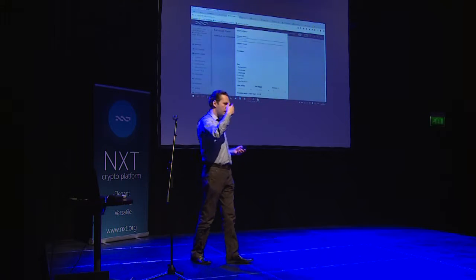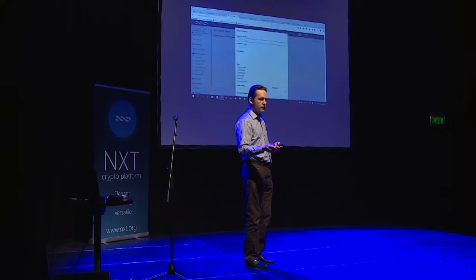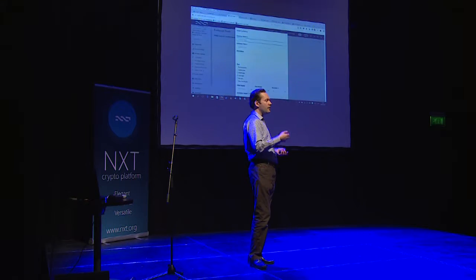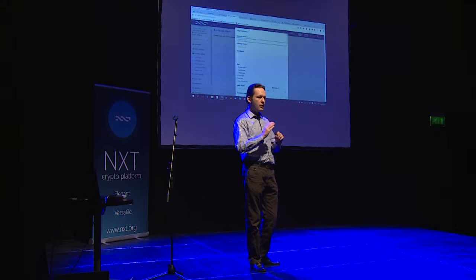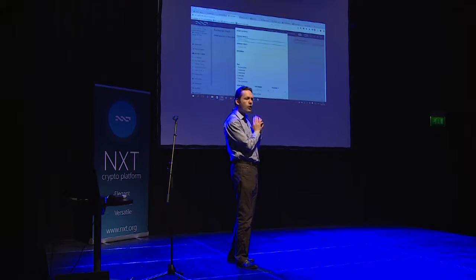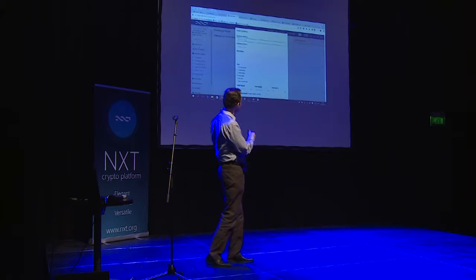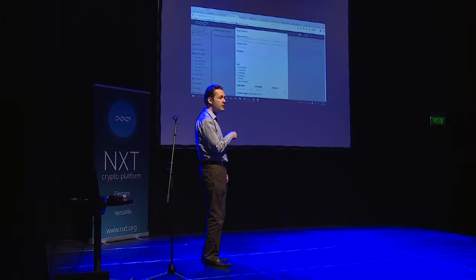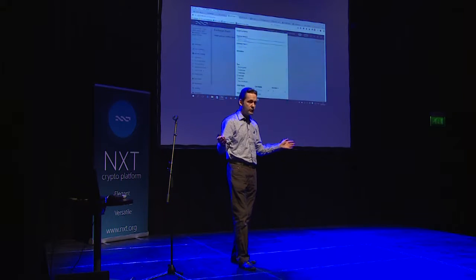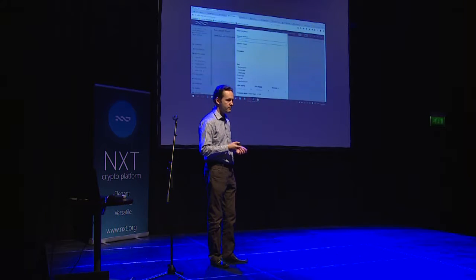I can say I want an amount of NXT to fund my project, but I don't want to be in control of that money before I have the full amount. And I want to automate sending it back. That's exactly what this system does. It reserves it. If it doesn't reach it, it sends it back to the people. And in the meantime, nobody can touch it.